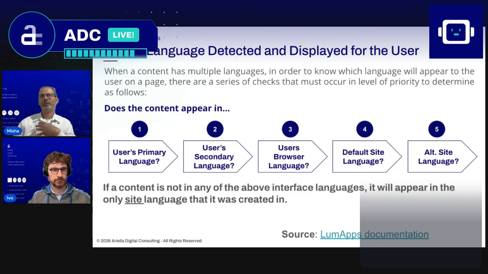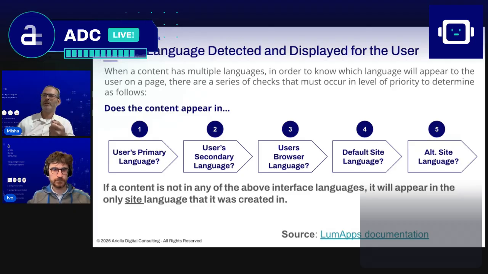I have my language set as primary French. I'm looking at a page that has both French and English, and English is the primary language of the site. Even though English is the primary site language, and the content has both English and French, because my individual language is French, set up in my primary language settings, it'll show me the content in my primary language.